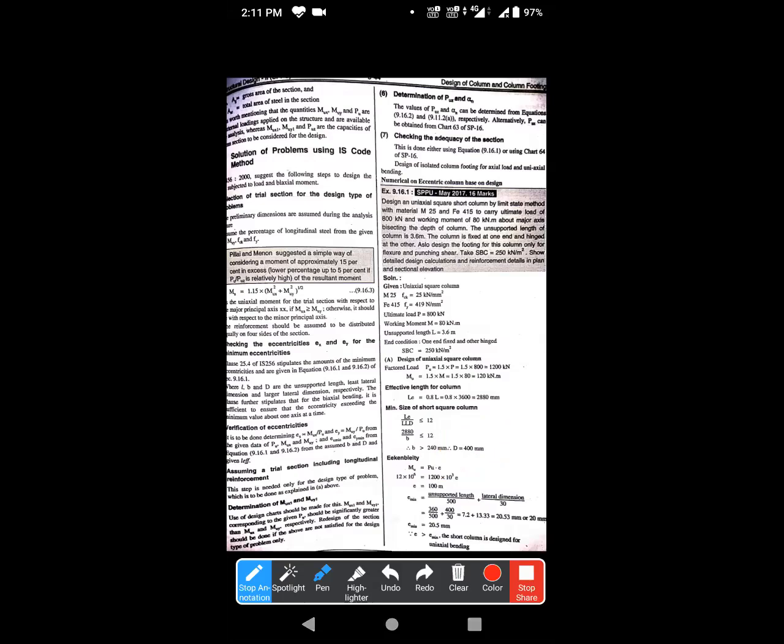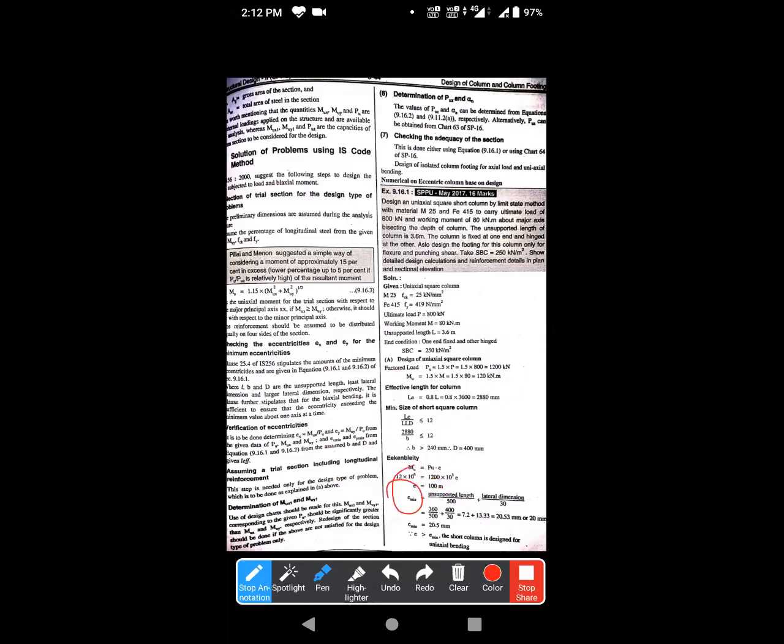Mu is 120 into 10 raised to 6, and your ultimate load is 1200 into 10 raised to 3, multiplied by e. The eccentricity you get is 100 mm.